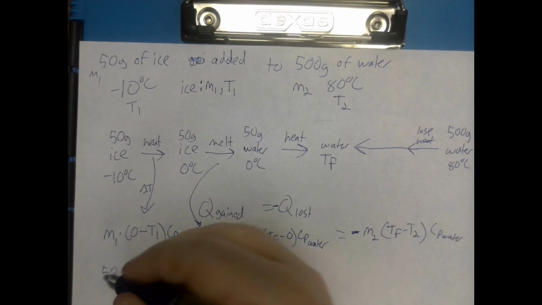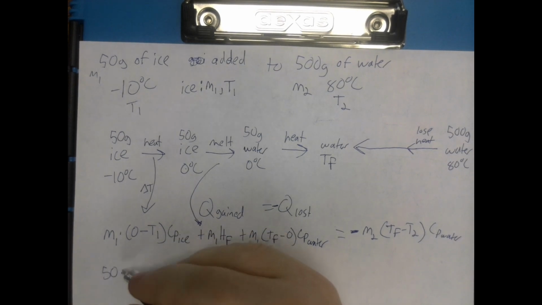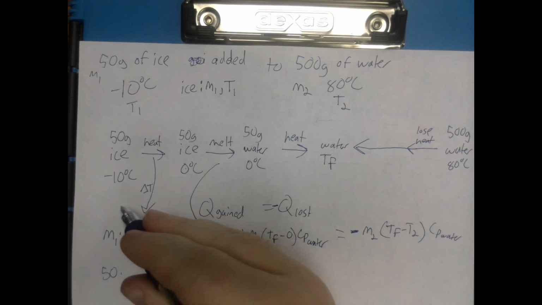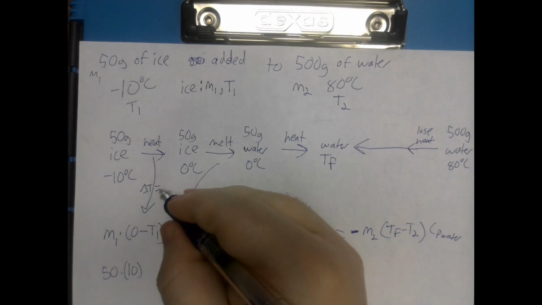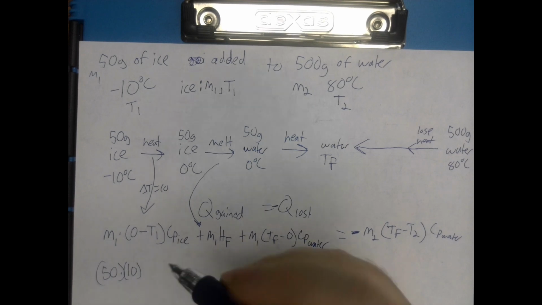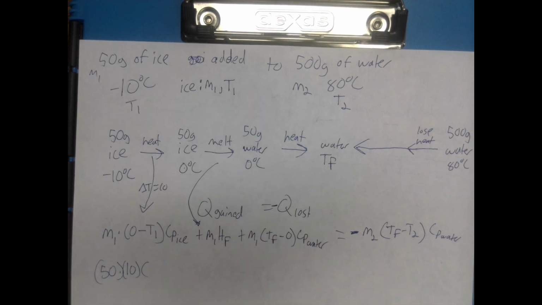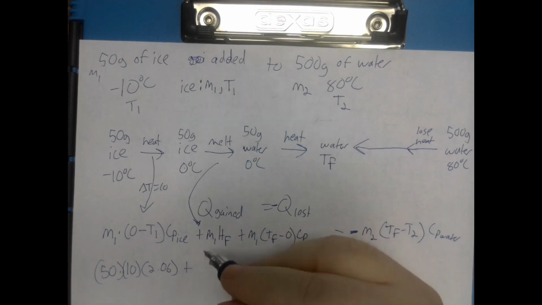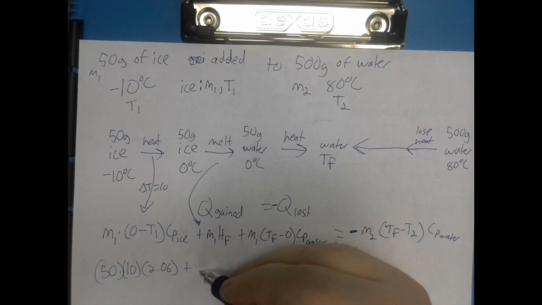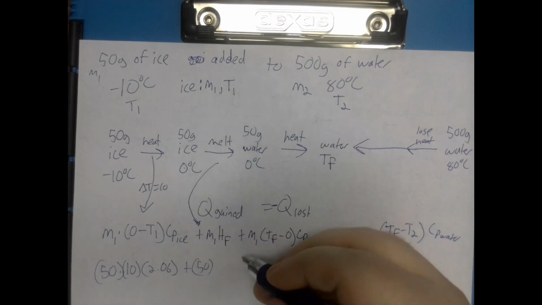So 50 times a negative 10, so that'd be a positive 10. Changing temperature was 10. Cp of ice, looking at our Cp values, ice is a solid, so we use 2.06. Mass is 50.